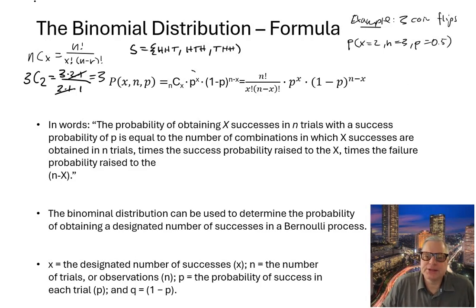So it's basically 3 ways of obtaining 2 heads if you flip a coin 3 times. So that is the first term. So this is this term here. So we already know that formula. And then we just multiply the number of ways of obtaining x successes in n trials with the success probability p. So that here is the success probability p.